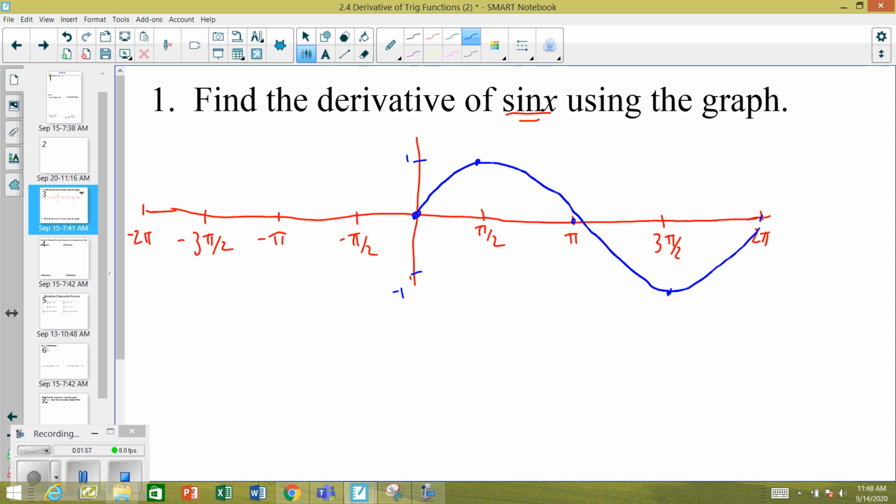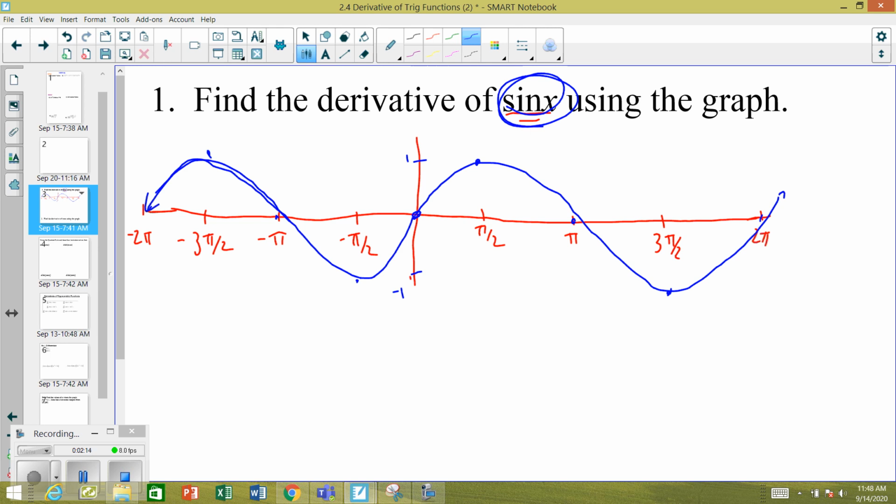I'm really going to make sure that curve looks good. All right, so there's my sine function.